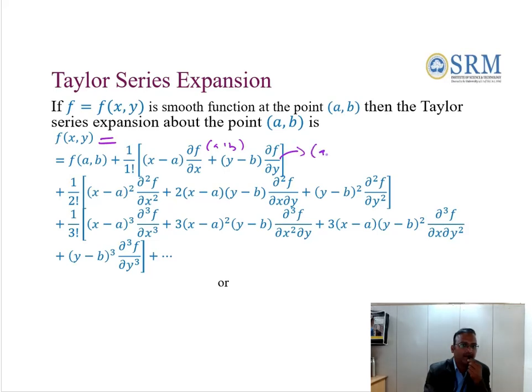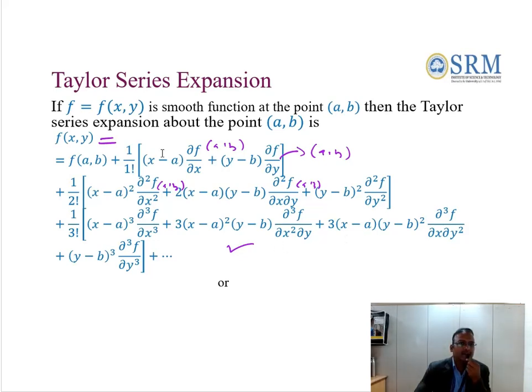Similarly here at the point (a, b), plus the second order derivative, 1 by 2 factorial into [(x minus a) squared ∂²f/∂x² at the point (a, b), plus 2 (x minus a)(y minus b) ∂²f/∂x∂y at the point (a, b), plus (y minus b) squared ∂²f/∂y² at the point (a, b)] and so on, okay? This is what the Taylor series expansion is, right?